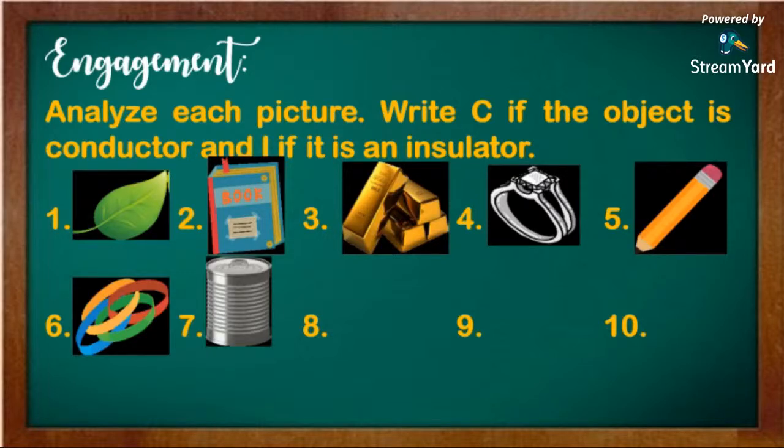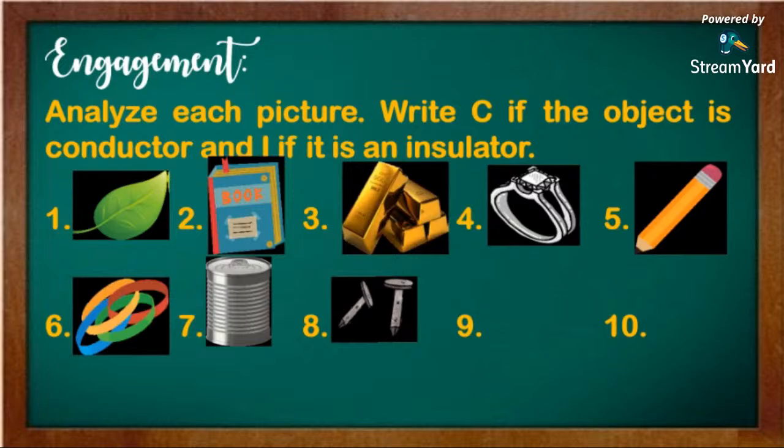How about this one? A tin can. Alright, it's letter C because it is a conductor. How about this one? Nails. What is your answer?